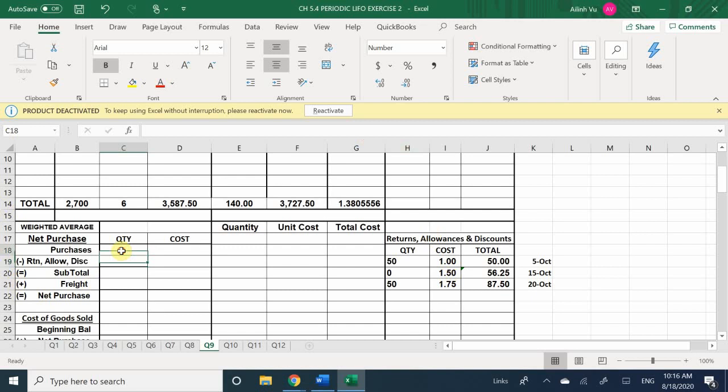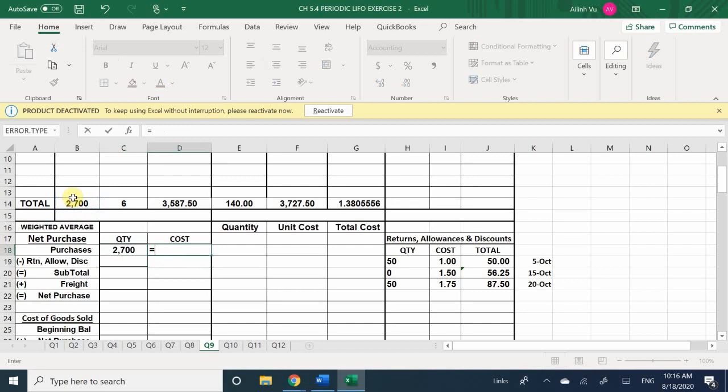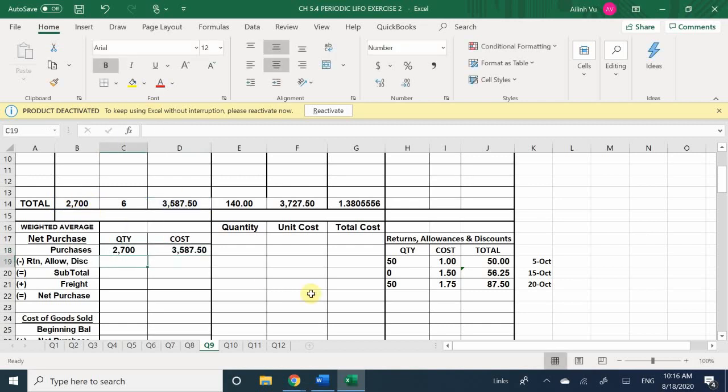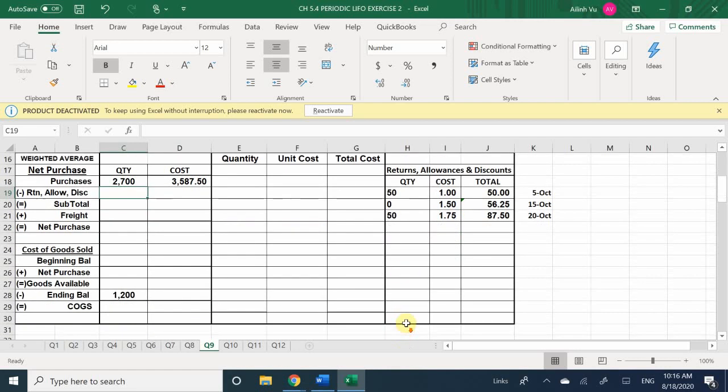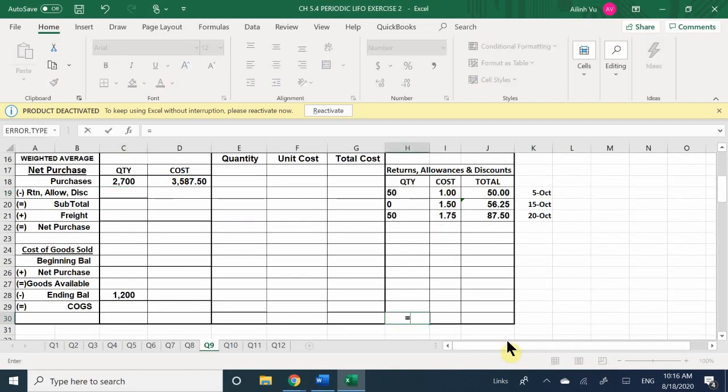So I originally purchased 2,700 items, which cost me $3587.50. All right. And then let's go ahead and calculate my total returns and allowances. So how many total items did I return? We returned 100, right?